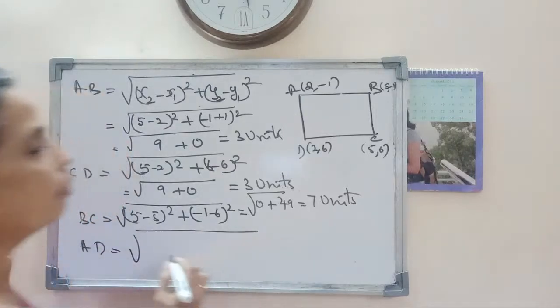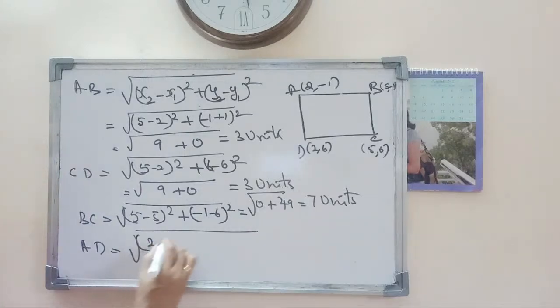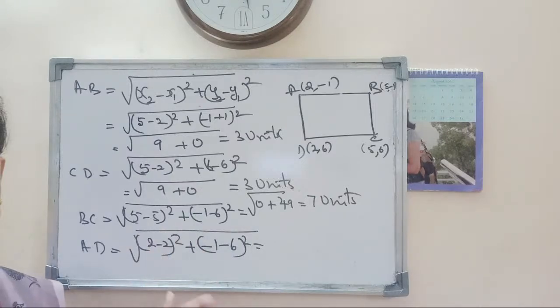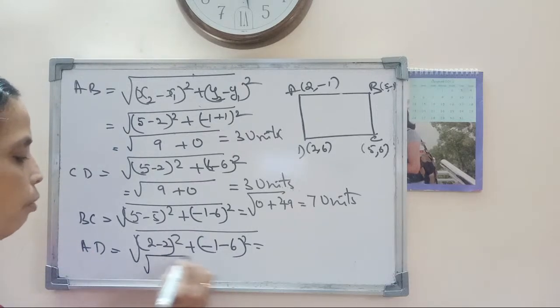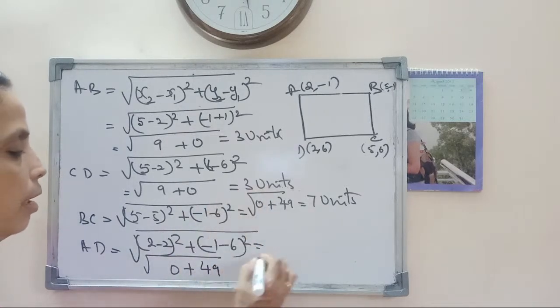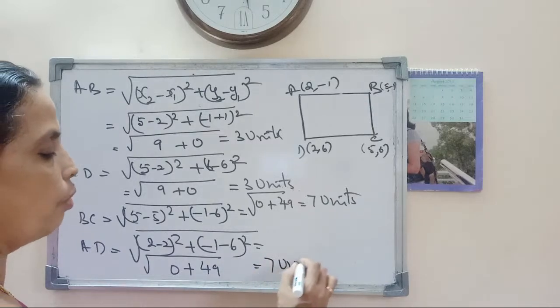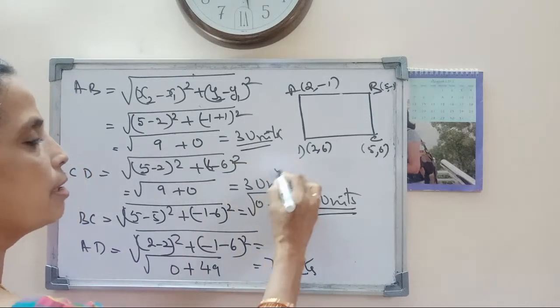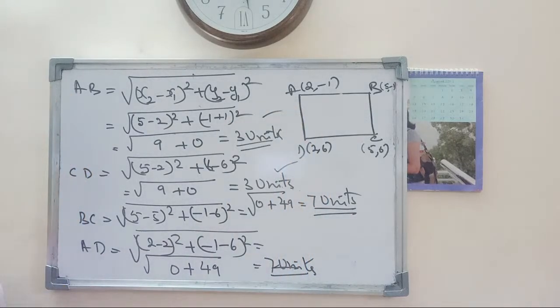It is root of (2 minus 2) whole square plus (6 minus (minus 1)) whole square. For everything I am using the distance formula. I hope it is clear. You will have root of 0 plus 7 square which is 49, so 7 units. So we proved opposite sides are equal. They are the sides of the rectangle.